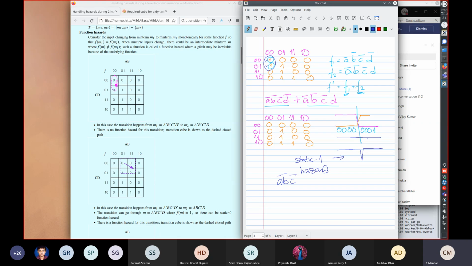So this one is on all the time, and you don't have a problem with this. If you have this kind of a function, for this input change, you have the concept of what we call a transition cube.